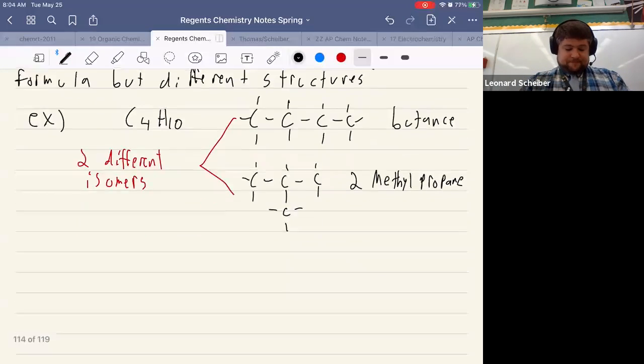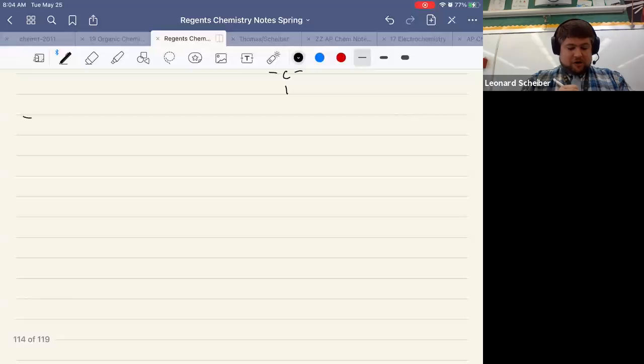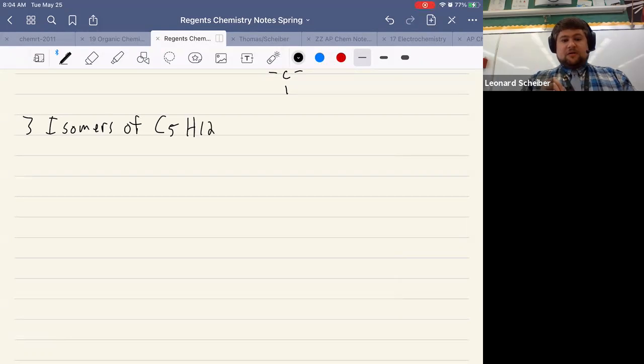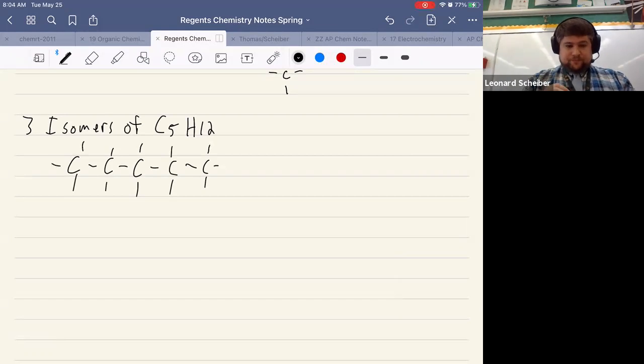Another example. There are 3 isomers of C5H12. The first one is always 4, 5. This one is pentane.